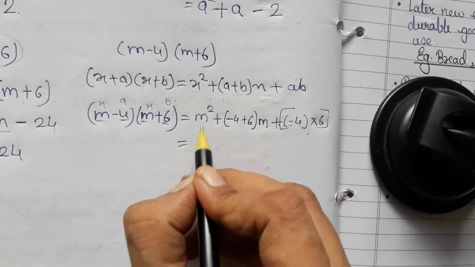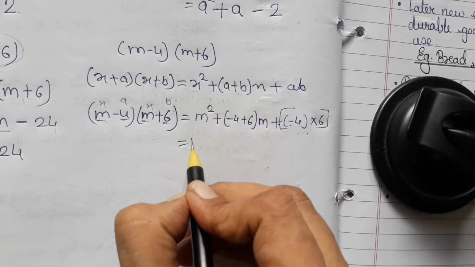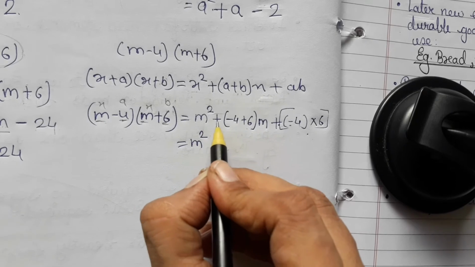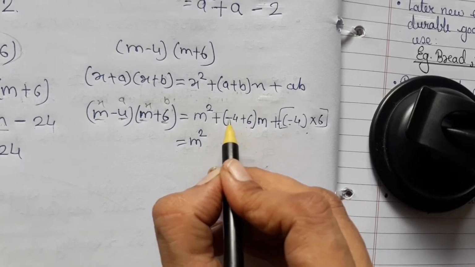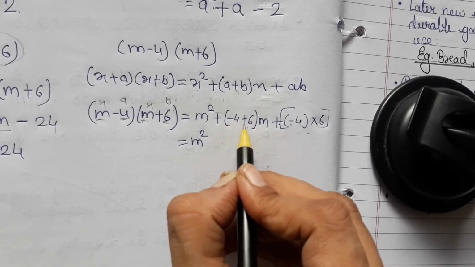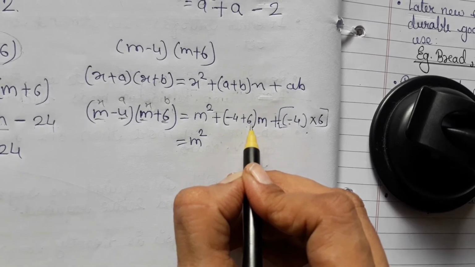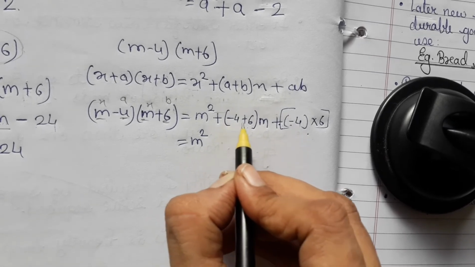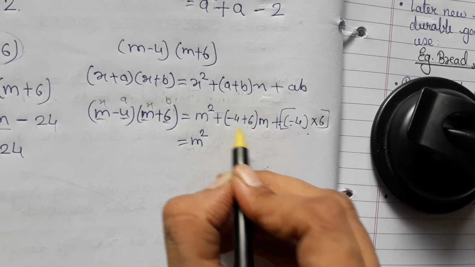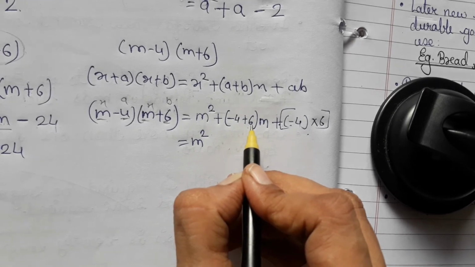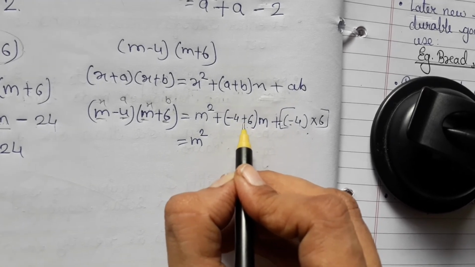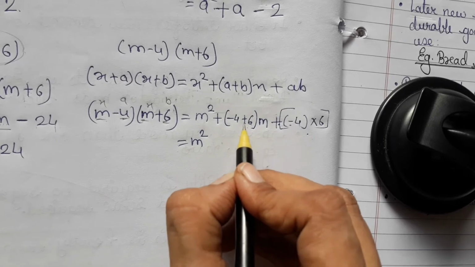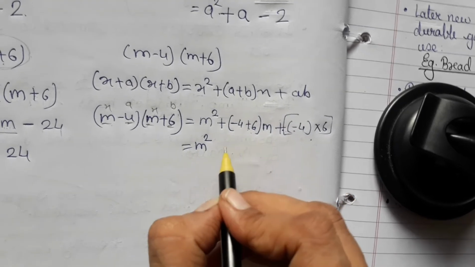So let's solve it. m square, minus 4 plus 6. Minus plus, so 6 minus 4 is 2, and we will take the sign of the bigger one. The 6 is bigger, so we will take the plus sign.